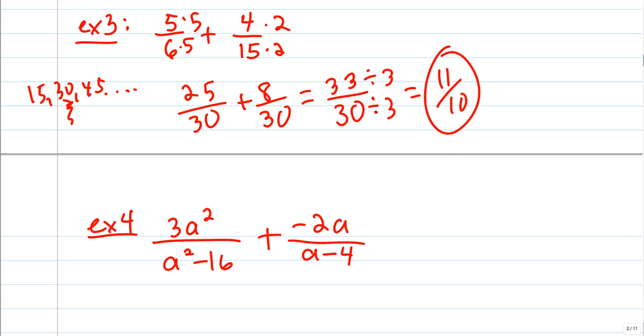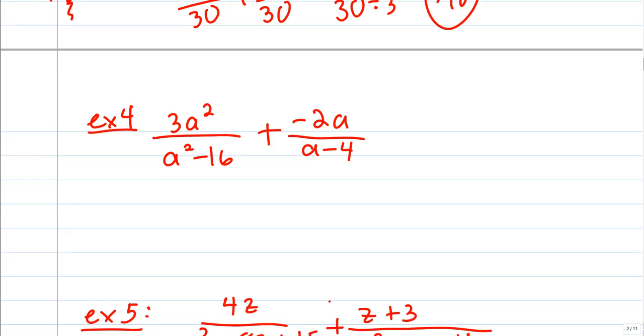These do not have a common denominator. Do not just multiply this first one by a squared minus 16 and the second one by a minus 4. If you do that top and bottom, you will have a common denominator, but there's an easier way. See, a squared minus 16 can factor. That is a minus 4 and a plus 4.